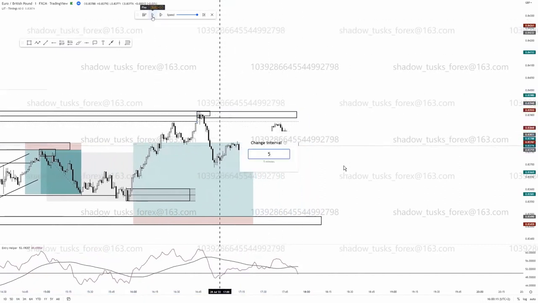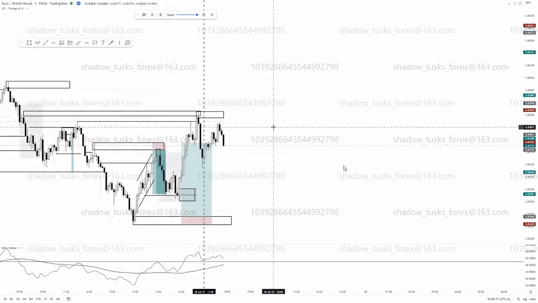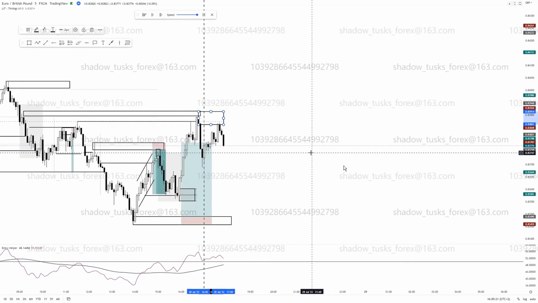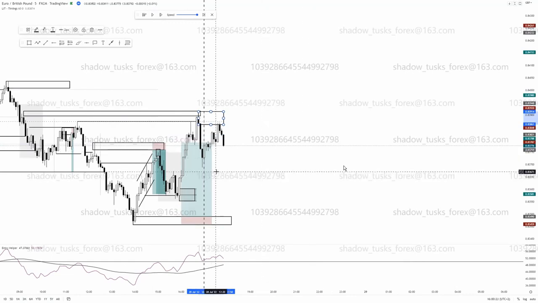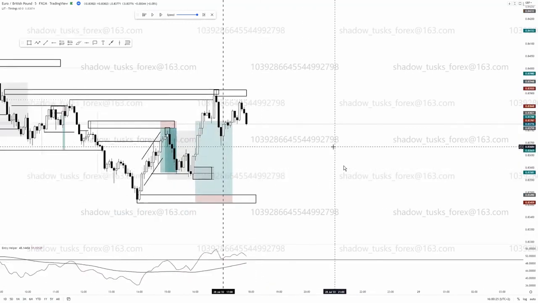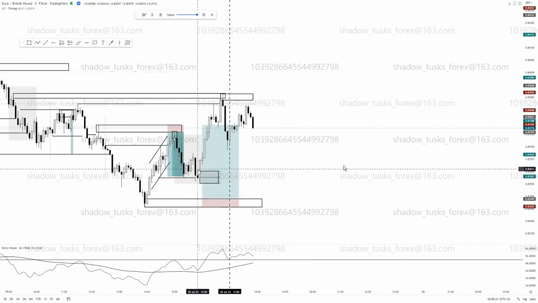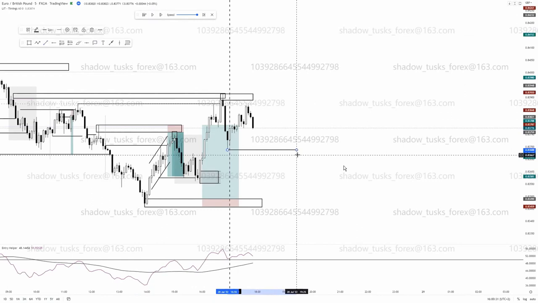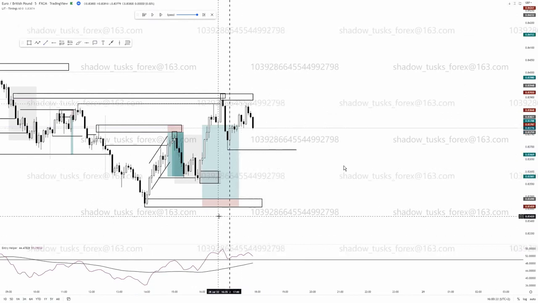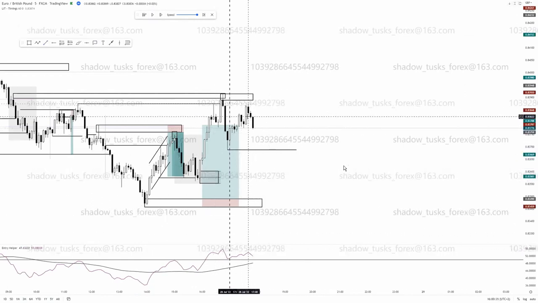Okay, so this has probably gone without us. Yeah, no, looking at this, it's definitely gone without us. We've come and filled the M5, that's fine. Where would we be targeting? Either like an imbalance fill. I think realistically, just the new low. Because it's London close, end of the day.